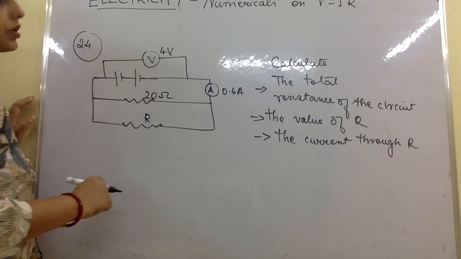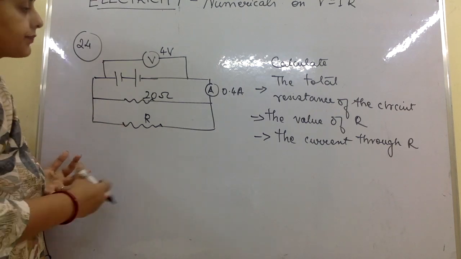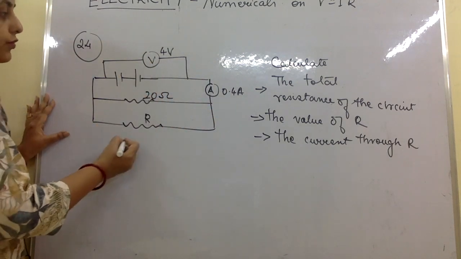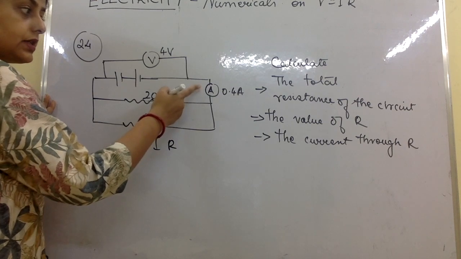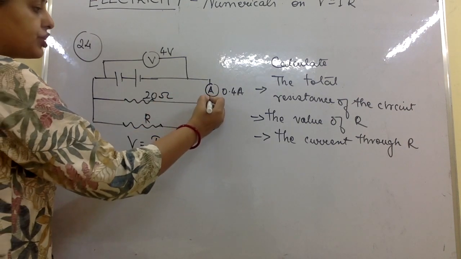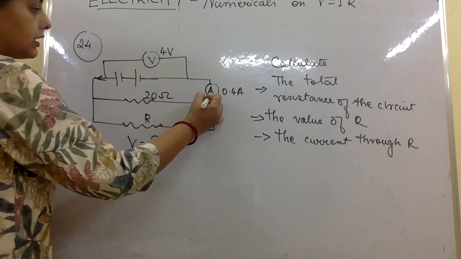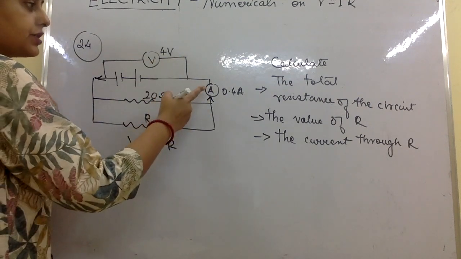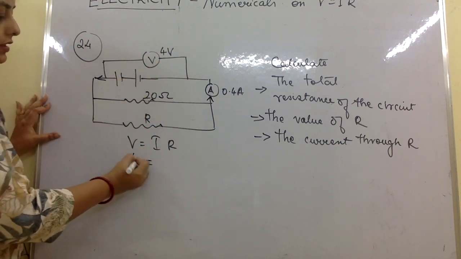So we have to find the total resistance of the circuit. Now if the ammeter is showing 0.4 and voltmeter is 4, I use V is equal to IR. The ammeter is in the main part of the circuit, not in these branches, so the total current is 0.4 ampere, and the potential difference in the circuit is 4.